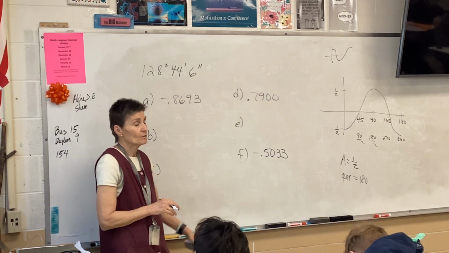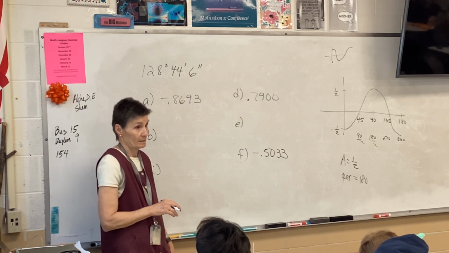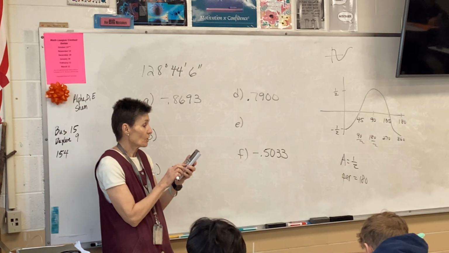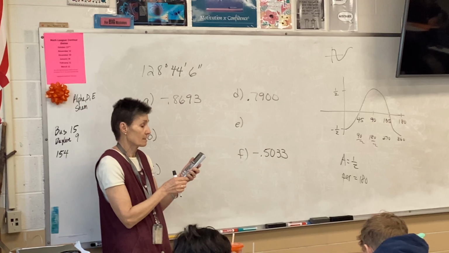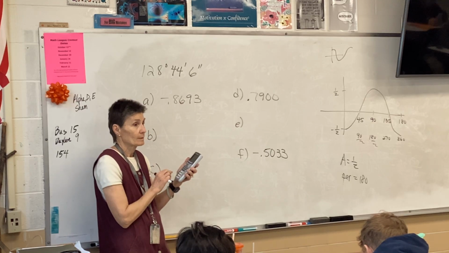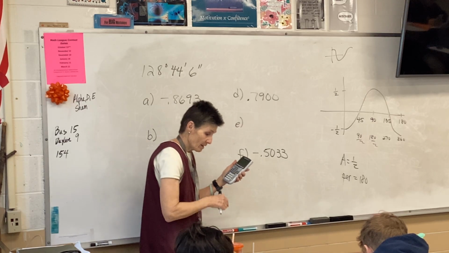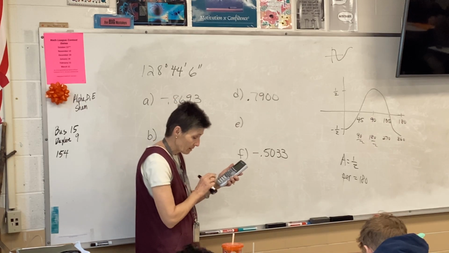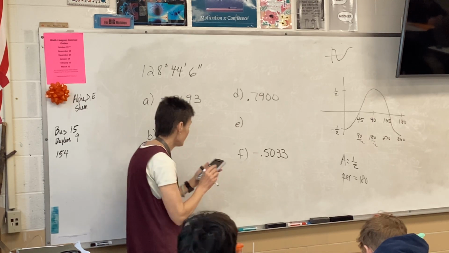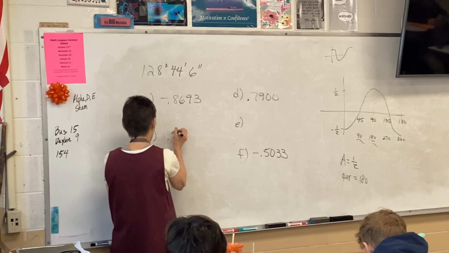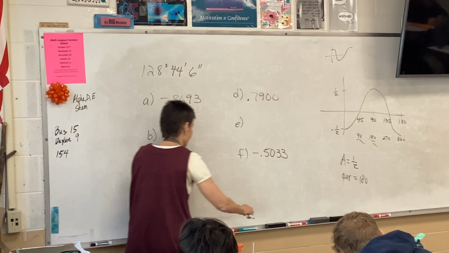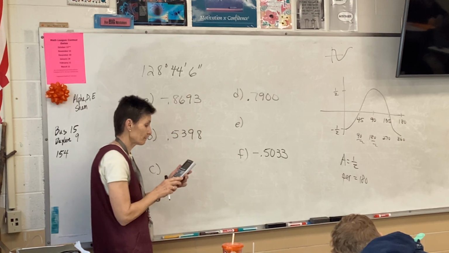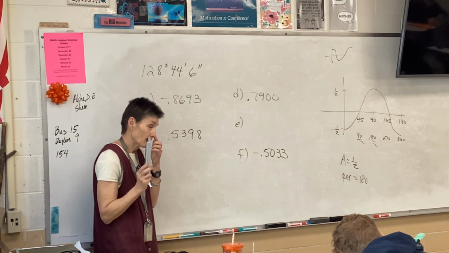Now, what do we do to do the other 3 problems? We go to mode and change our calculator into radians. And then we'll go back to B, sine 0.514. Did you get 0.5398 for problem B?